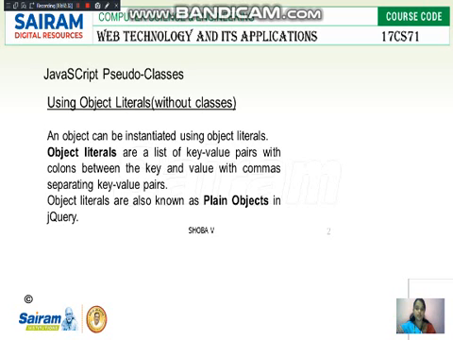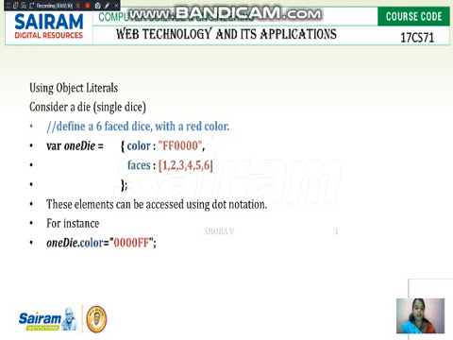By using objects without classes, an object can be initialized using object literals, which are lists of key value pairs, with colons between the key and value and commas separating the key value pairs. These object literals we also call plain objects in jQuery.